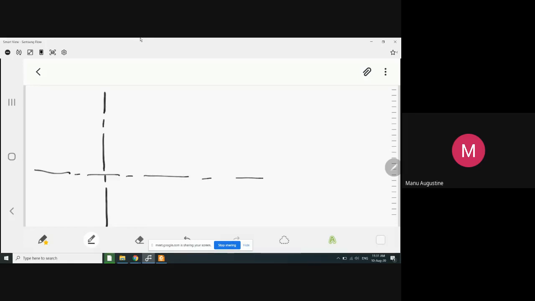Now there is something that most of you might not know, and that is that a moment can be taken for anything. You can take the moment of a line, you can take the moment of a particle, you can take the moment of mass, you can take the moment of an area. So you can take the moment of literally anything. You can stand in the center of your room, wherever you are studying right now, and imagine an imaginary axis passing parallel to you at a certain distance.